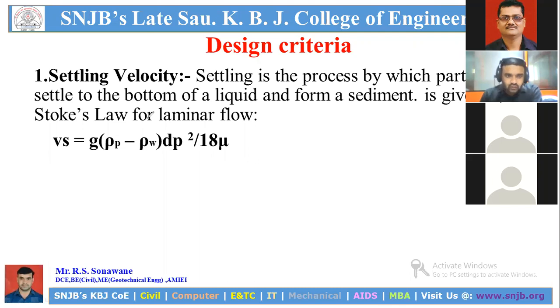Here we can also see another formula given by Stokes for the settling velocity in laminar flow: Vs equals g times specific gravity times size of the particle squared, whole term divided by 18 times nu. Here Vs is the settling velocity, dP is the size of the particle, then specific gravity, rho P is the density of the particle, rho W is the density of water, mu is the dynamic viscosity, nu is the kinematic viscosity, and g is the gravitational acceleration.